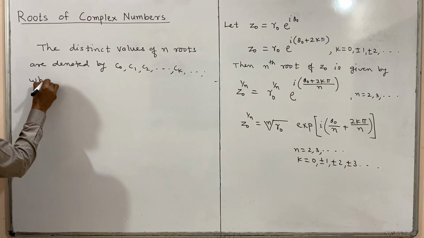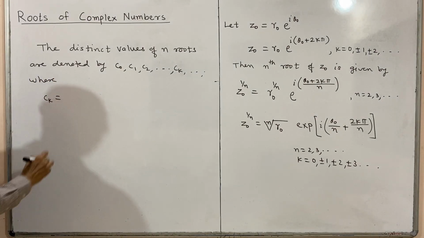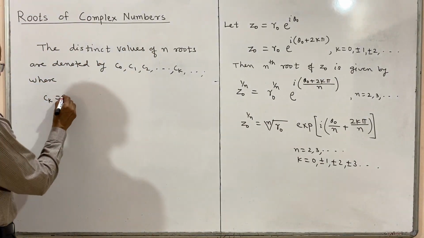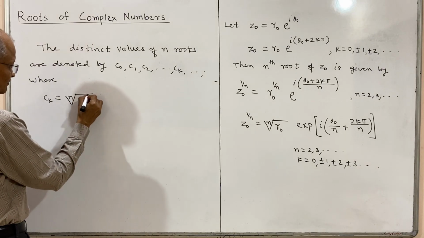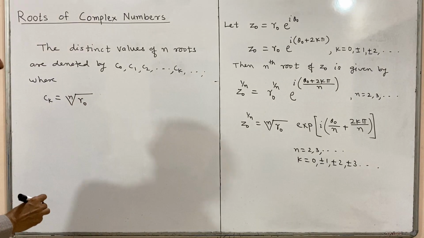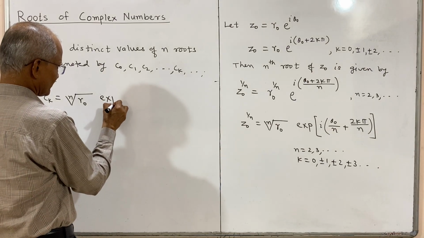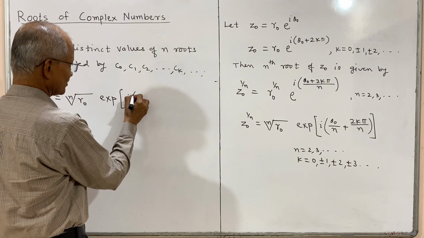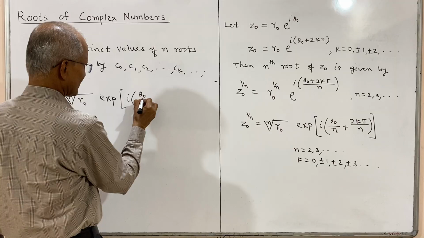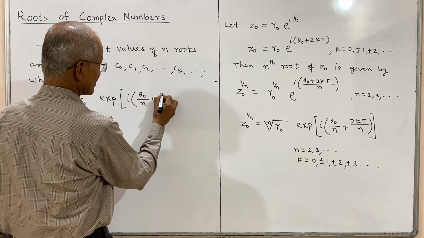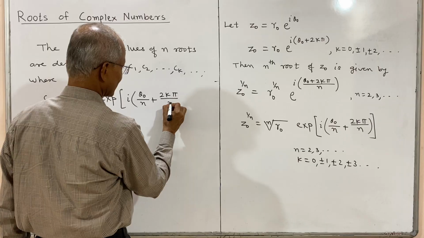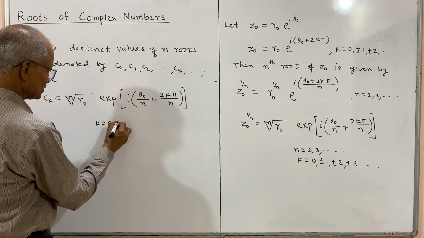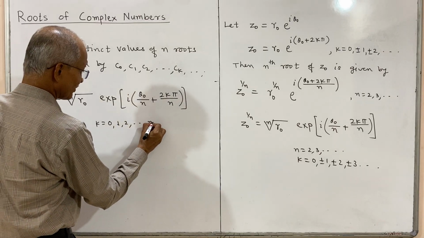Where Ck is equal to the nth root of r naught times the exponential of i into bracket theta naught divided by n plus 2k pi divided by n, and here k takes values 0, 1, 2 up to n minus 1.